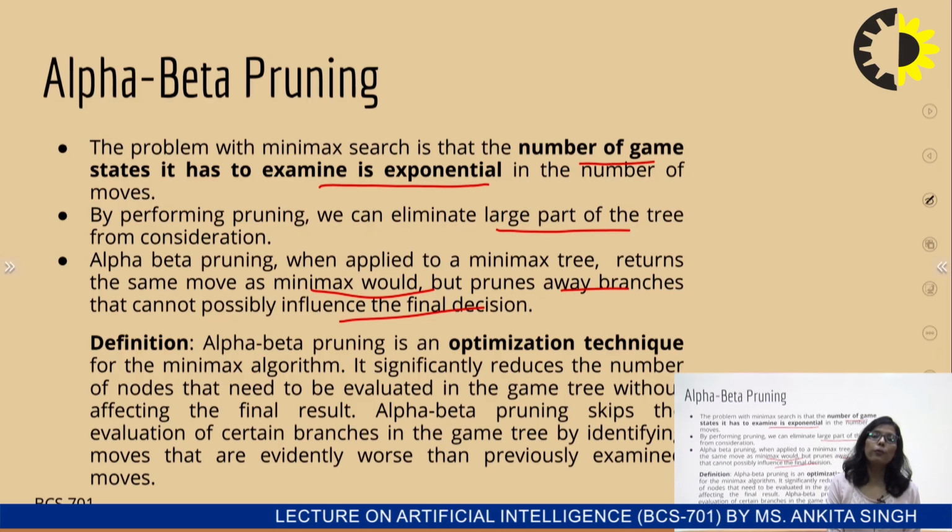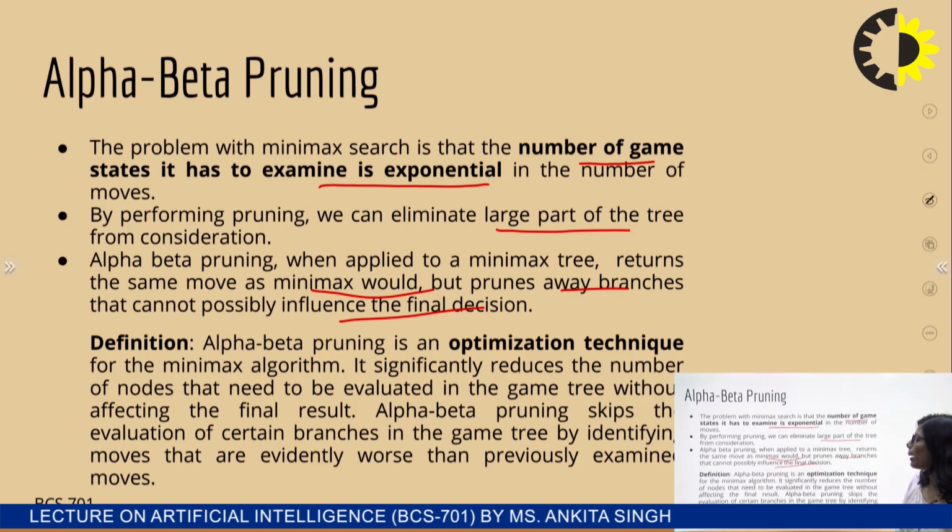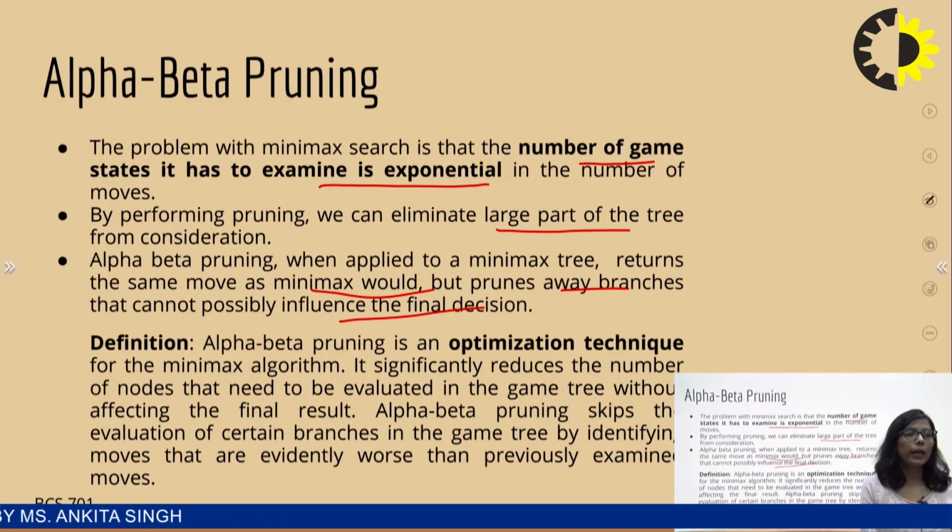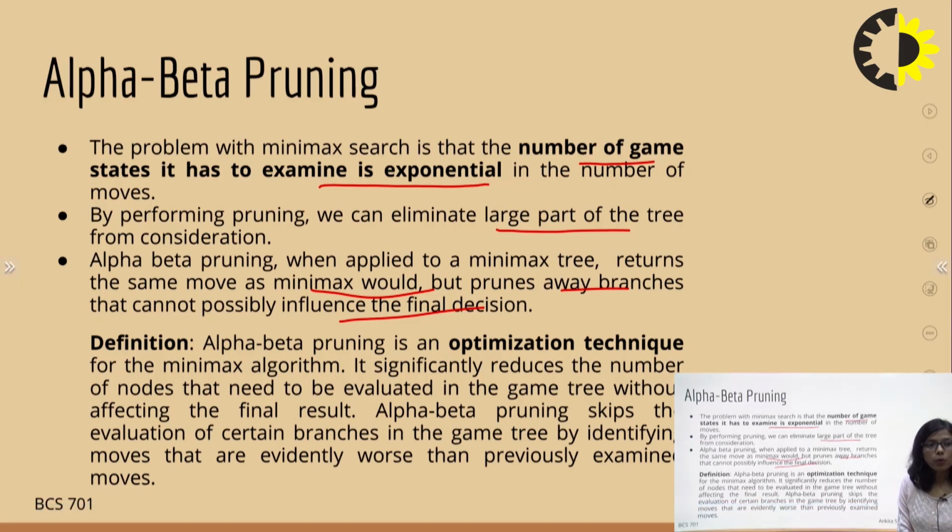Because they won't have an impact on our result. So alpha beta pruning is basically an optimization technique of the min-max algorithm. It significantly reduces the number of nodes that need to be evaluated in the game tree without affecting the final result. So alpha beta pruning skips the evaluation of certain branches, those which won't have any effect on the result.